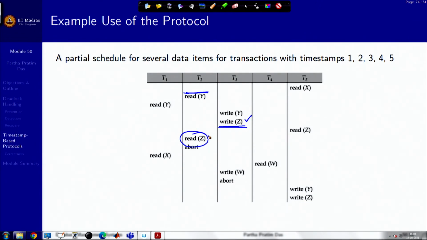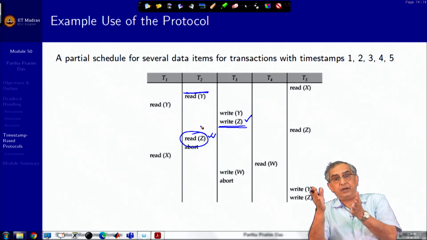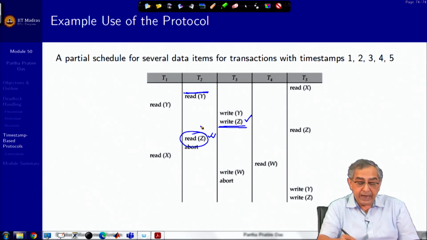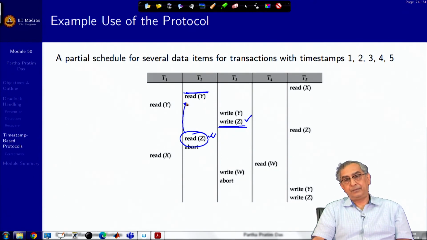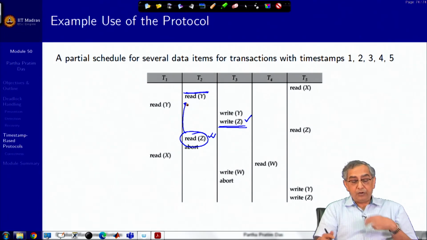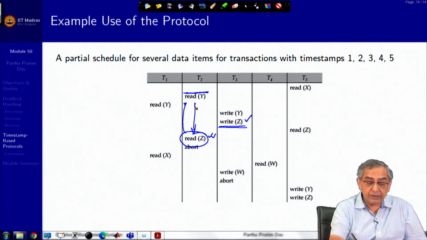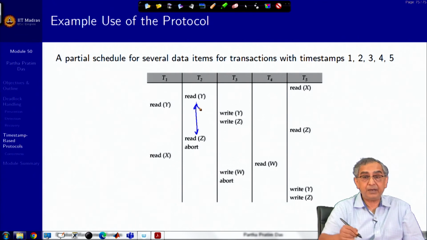So, this read was intended to be here. The fact that it is happening now is because you are having the concurrency. You are getting the point. It is not that it is here, because this gap is not desired by the transaction.